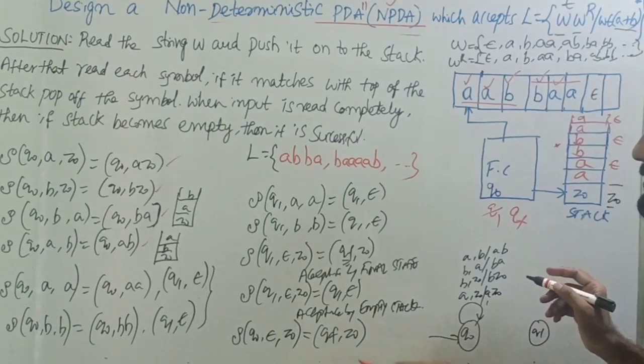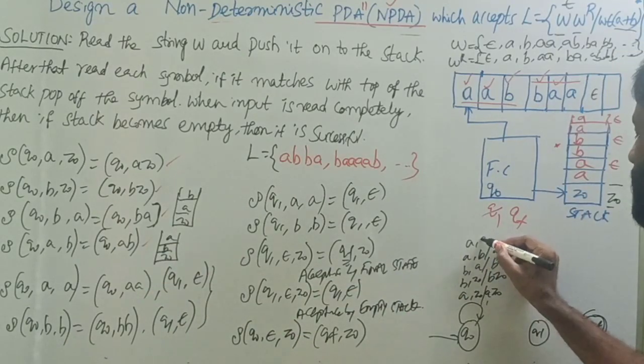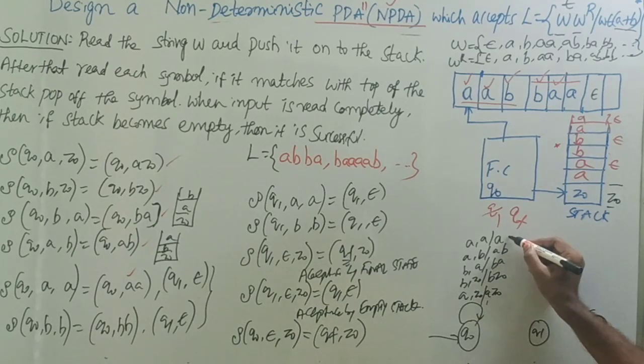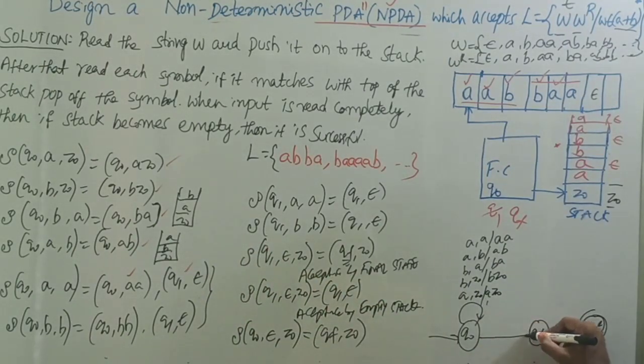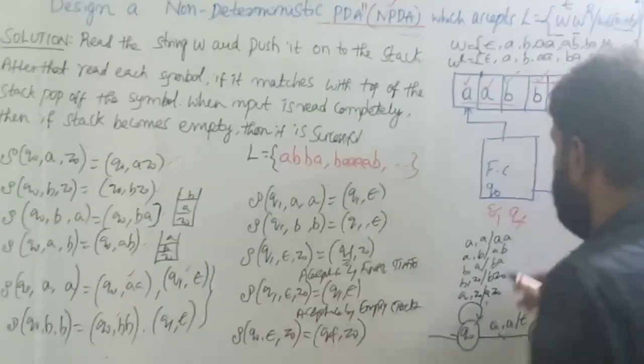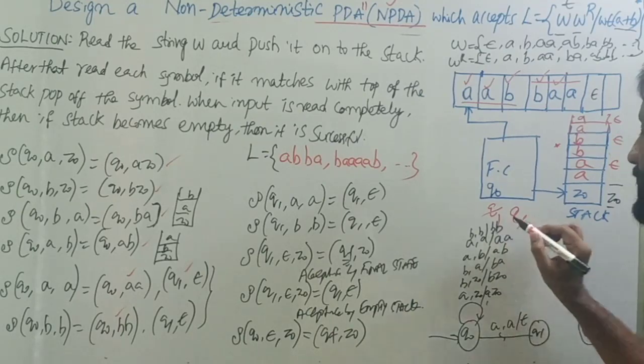So the next input symbol is A, the top of the stack is A, add A onto the stack. Similarly, we have one more transition, so do the pop operation: input symbol is A, top of the stack is A, do the pop operation. Then the next, input symbol is B, top of the stack is B, add B onto the stack.